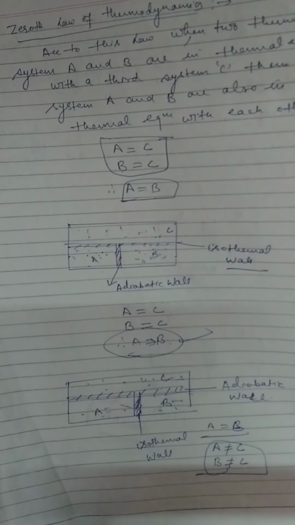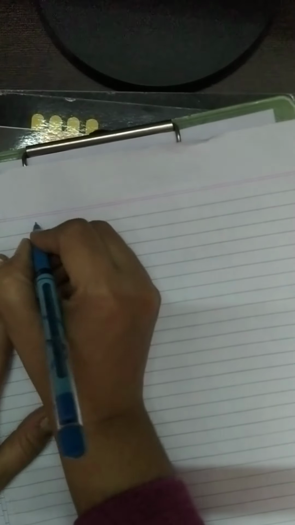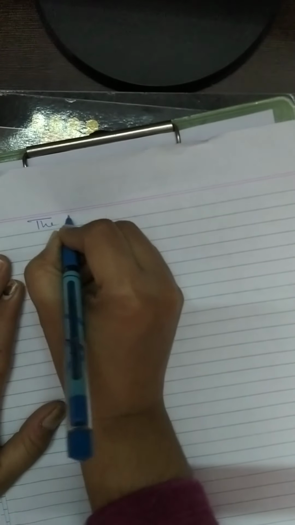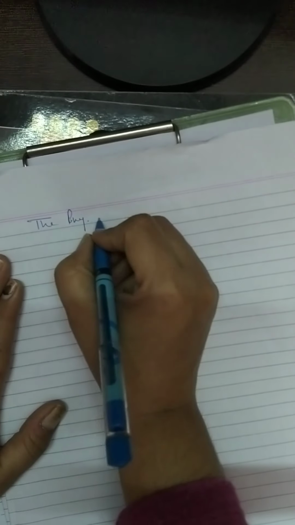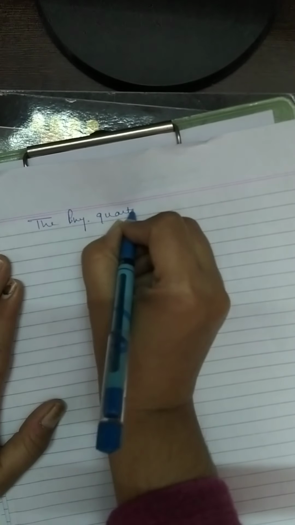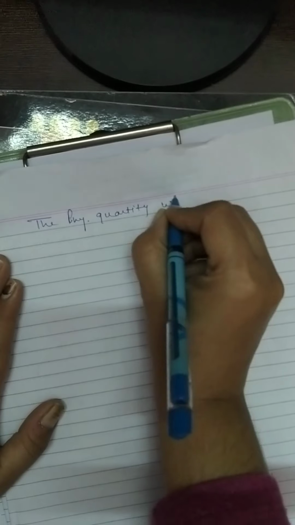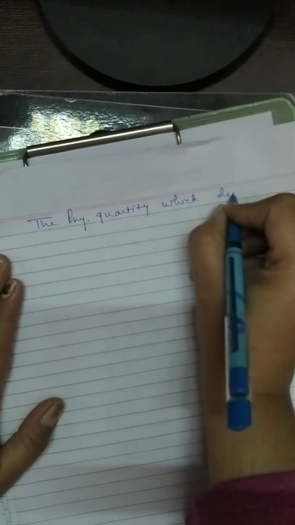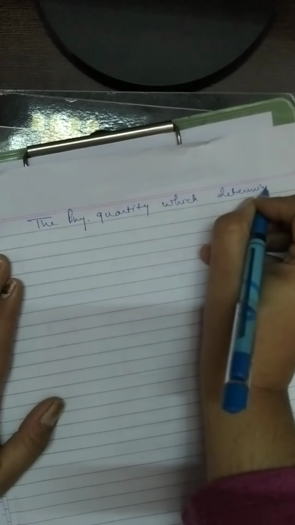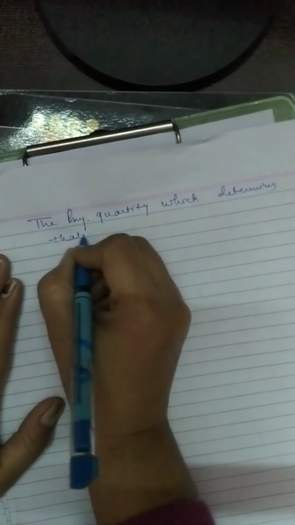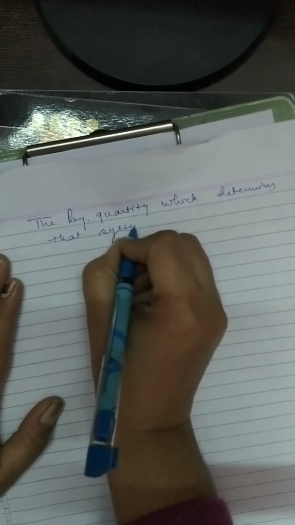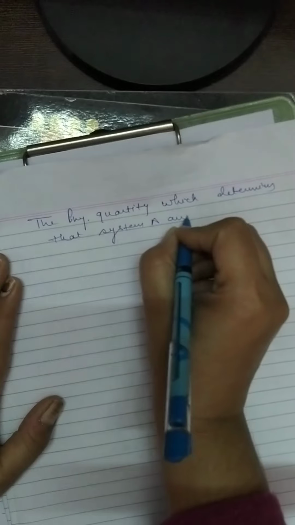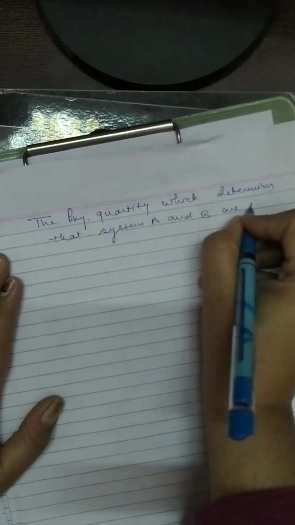So from this zeroth law of thermodynamics, we define one physical quantity which determines that systems A and B are in thermal equilibrium.